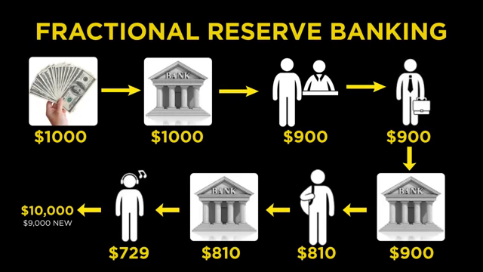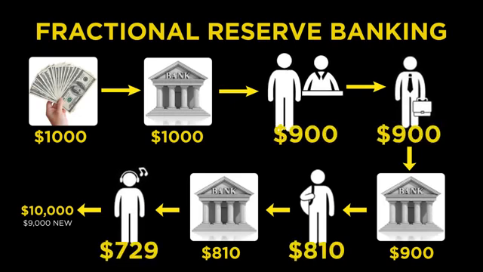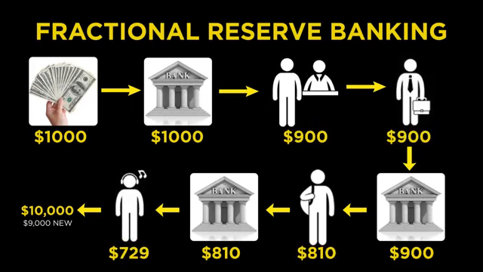How's your mind doing? Is it repelled yet? You might also notice here that if everybody who had money at the bank, all $10,000 of them, tried to take their money out at once, the bank would not be able to pay it out because, well, they wouldn't have it. The bank would only have $1,000 hanging around in reserve.